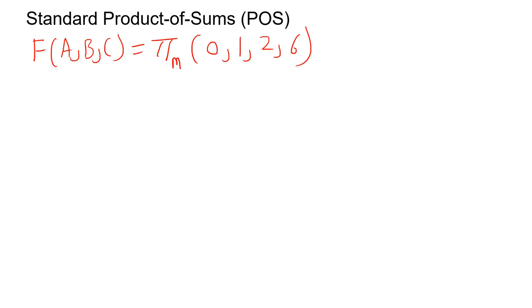Again I am telling you, whenever we talk about product of sums or product of max term, it means we are talking about the places where the values are 0, right? Whenever we say sum of product, or you can say sum of min terms, then these numbers represent the places where values are 1, right?